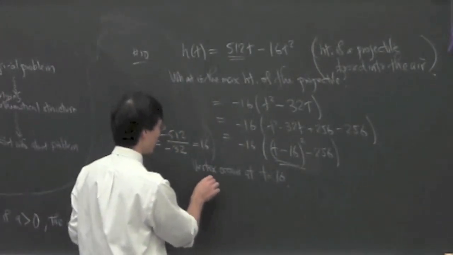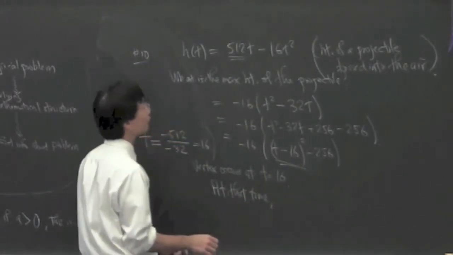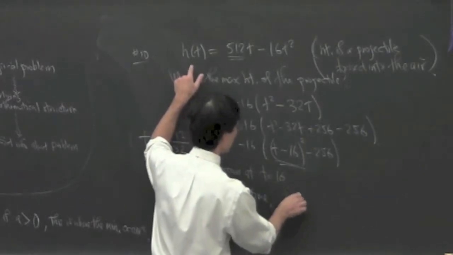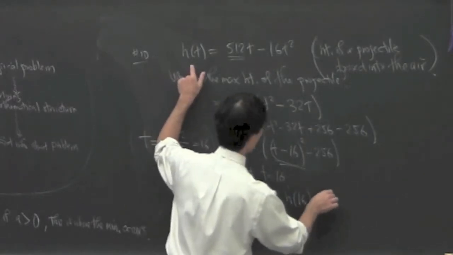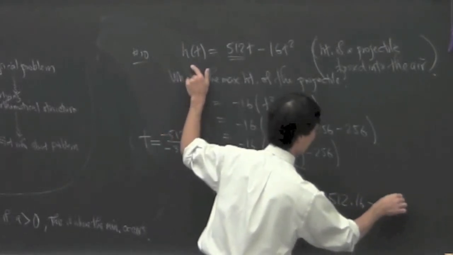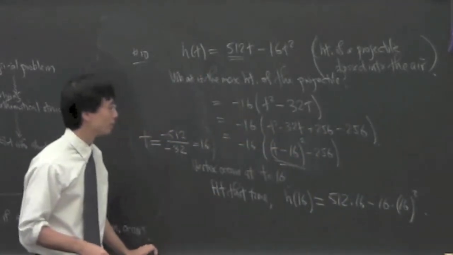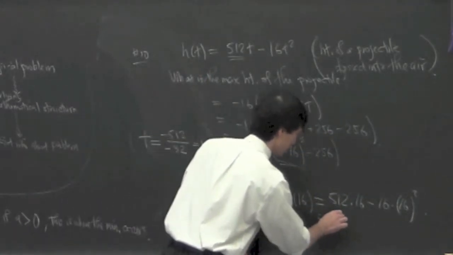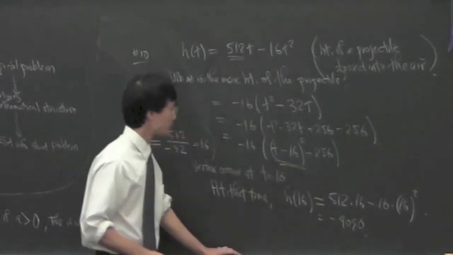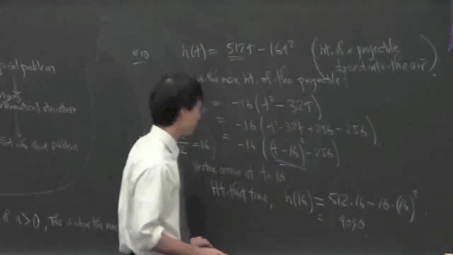So h of 16 is going to be 512 times 16 minus 16 times 16 squared, whatever that is, which is probably negative 4,096. Wait, it should be positive 4,000. Yeah, that's what I'm saying.